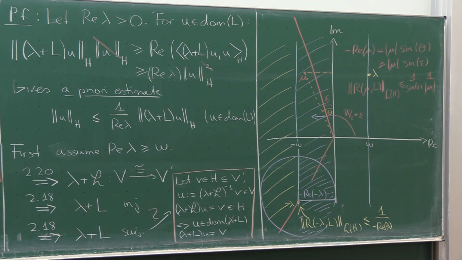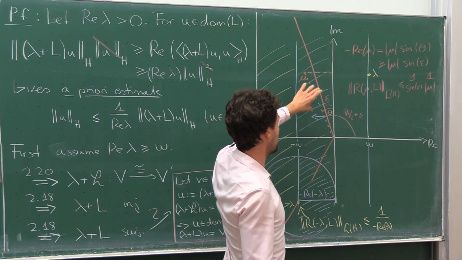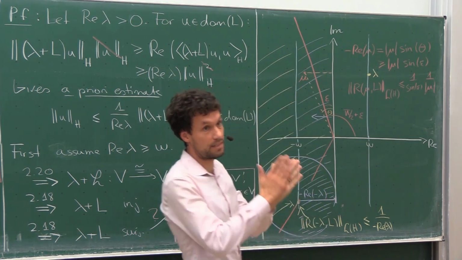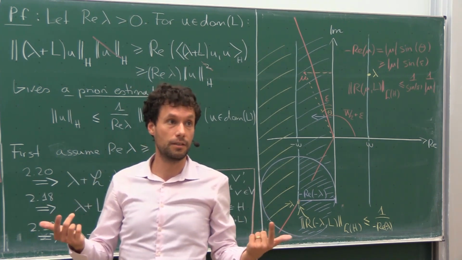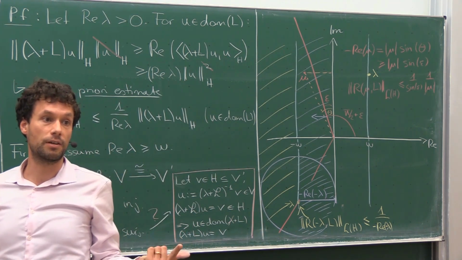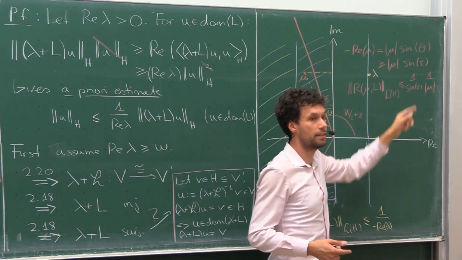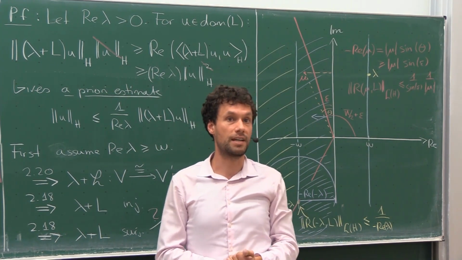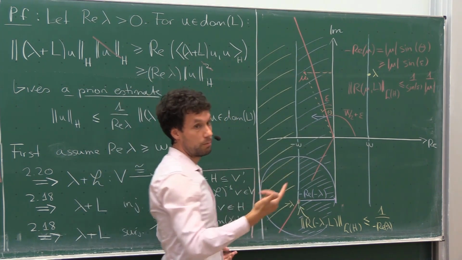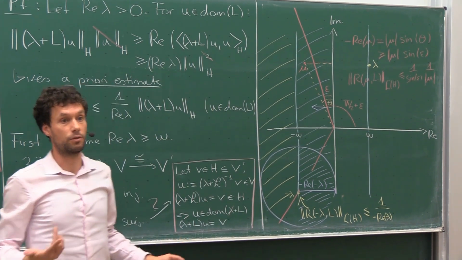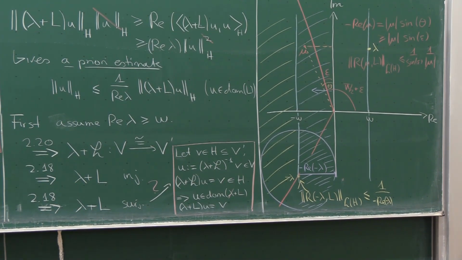In other words, as soon as I'm not sitting in the full left half plane, but I'm just sitting within a sector like this with a slight opening angle larger than pi over 2, then within this sector, real part and absolute value are comparable, and I just did the computation explicitly for you to show you that the comparability constant introduces a 1 over sine of epsilon. But the upshot is really that within a sector, you can compare real part and absolute value up to constants. And so you get the sectoriality, and so the proof is complete.